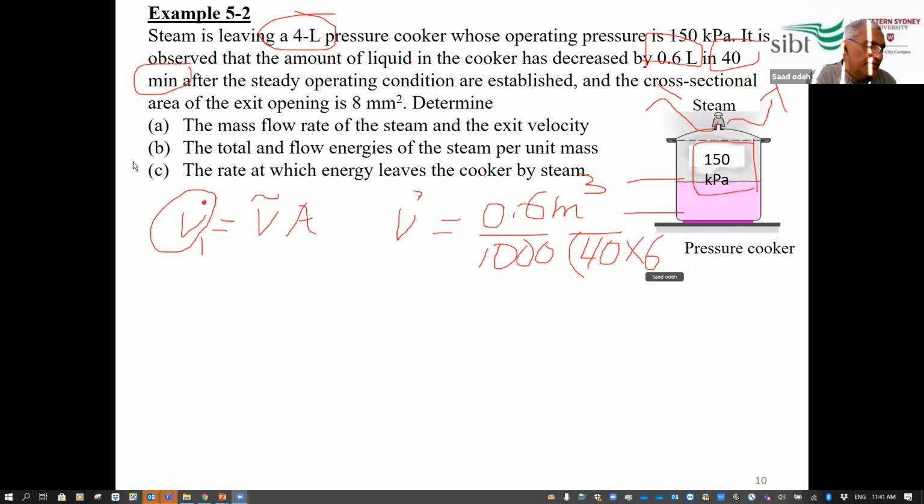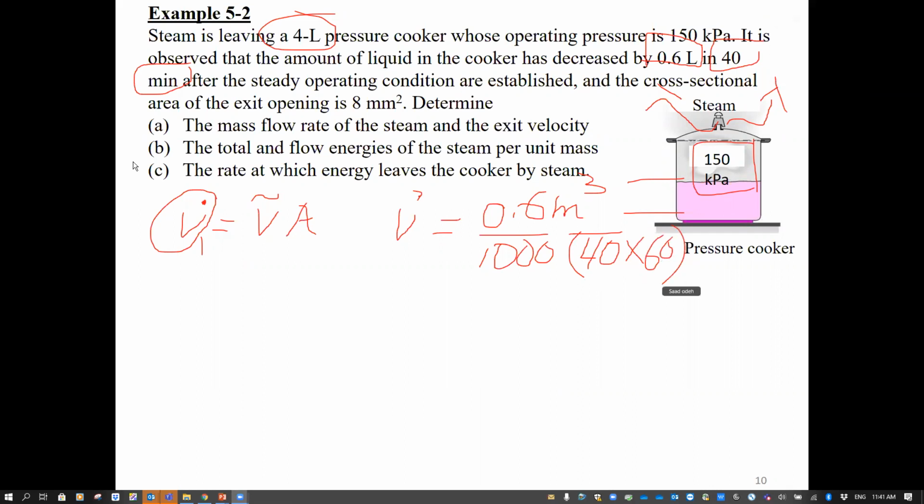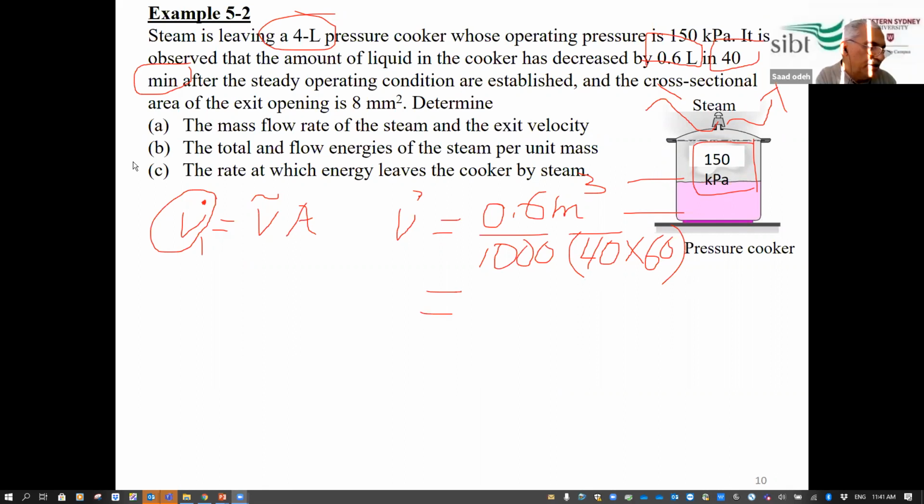Now I can get the volume flow rate in cubic meter per second.